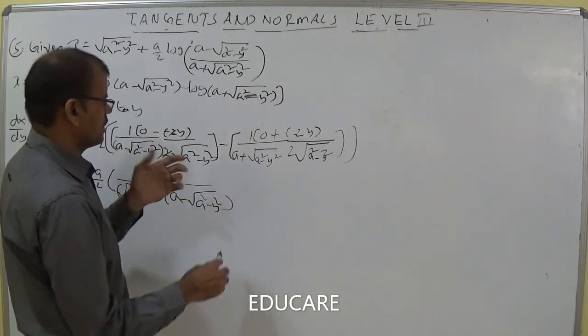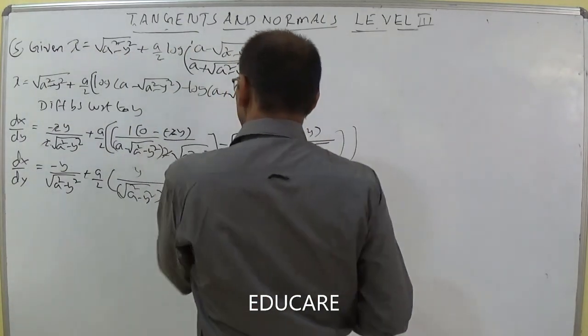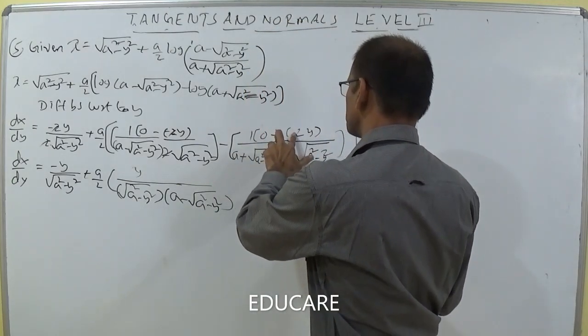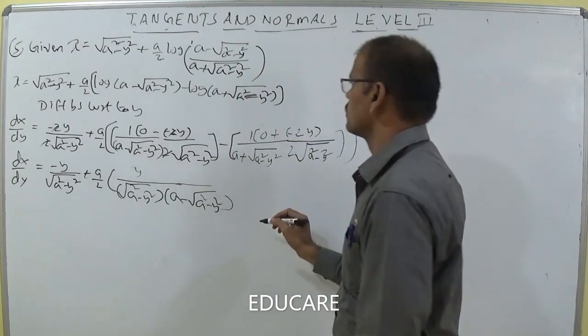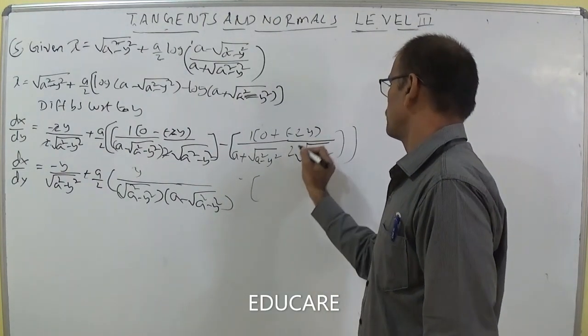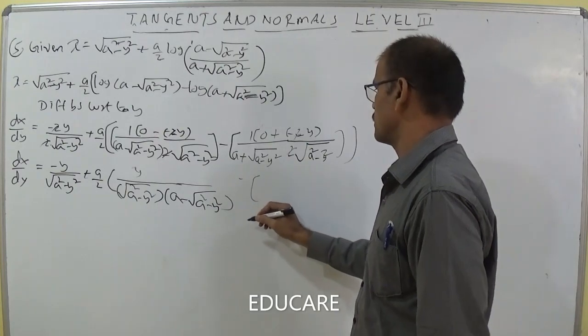Here minus is there in between. Here the internal derivative minus 2y is there. So minus I am writing, let it be complete, this 2 and 2 will get cancelled.